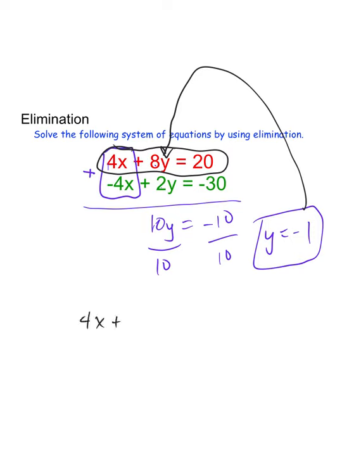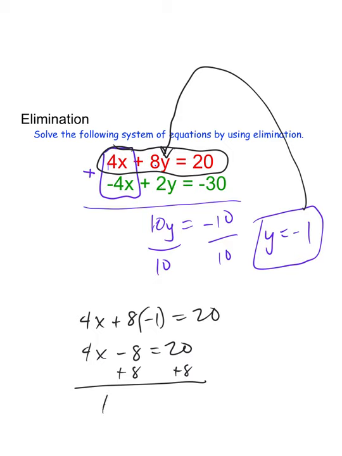So that's 4x plus 8, and then times negative 1 equals 20. So that gives us 4x minus 8 equals 20. I'm going to add 8 to both sides. So I've got 4x equals 28. Divide by 4, and so x equals 7.